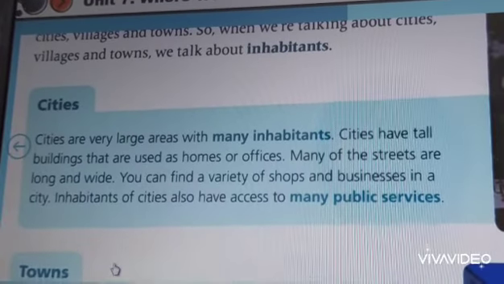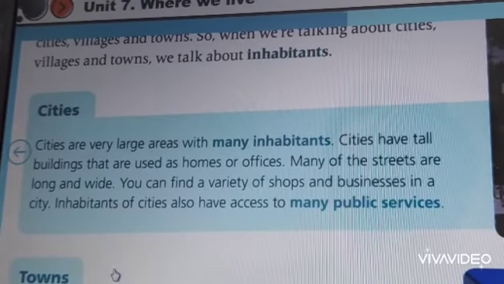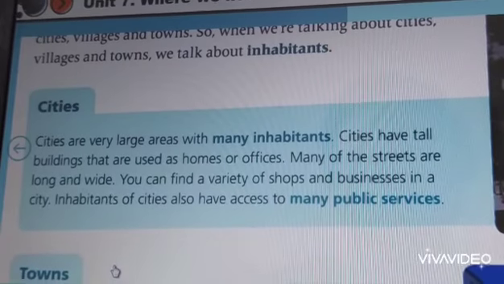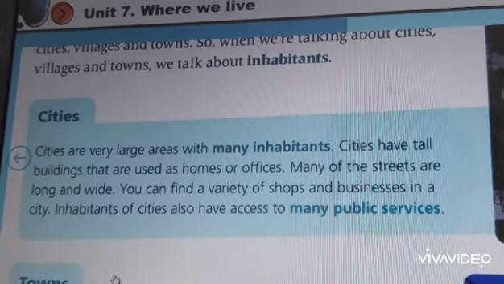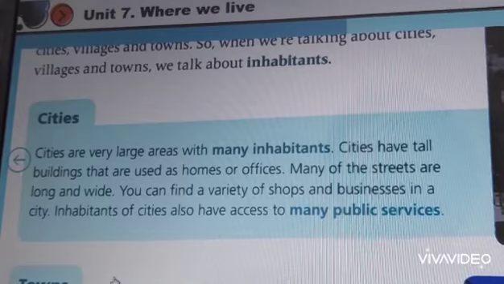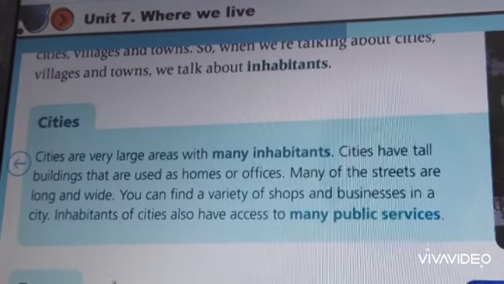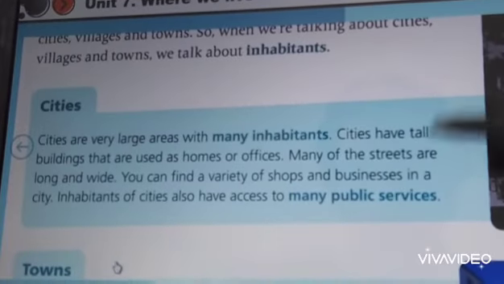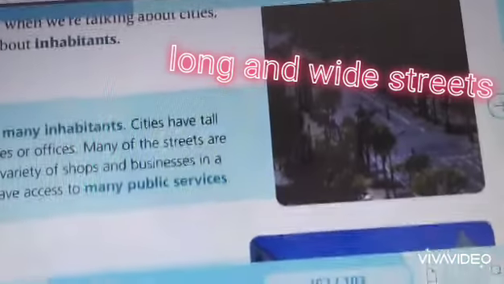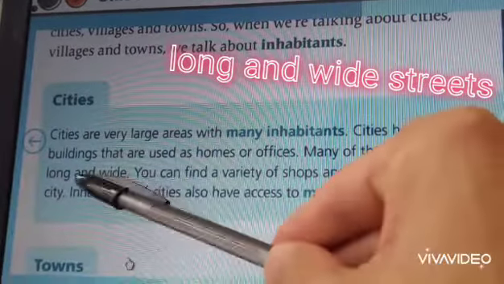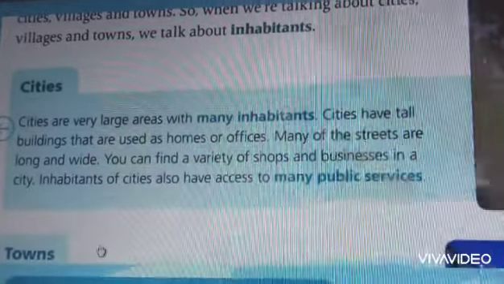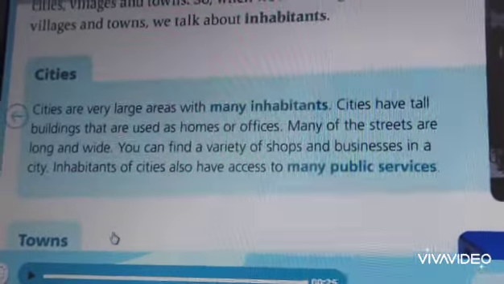Of course, you can find a lot of offices, a lot of people working in the cities. There are many homes and houses. The streets that you can find in the cities are very long and very wide. There are two adjectives, long and wide. There are a lot of shops, okay?